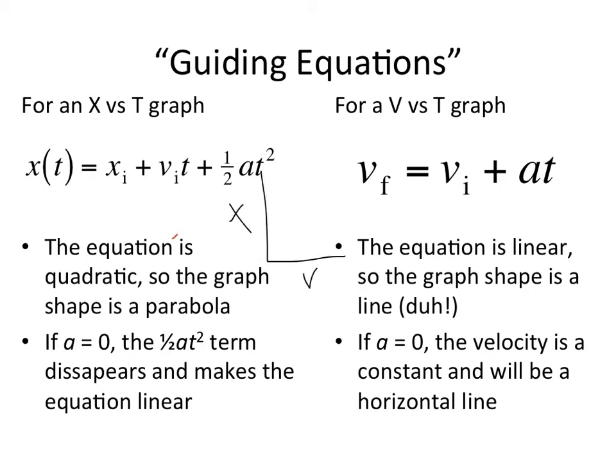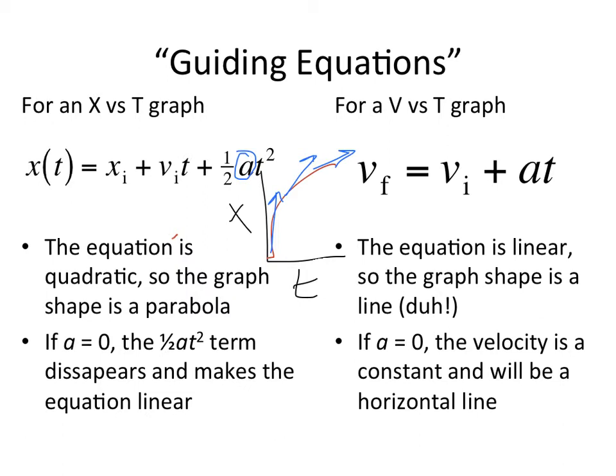Position versus time right here. You can't have a parabola without something being squared, right? So if we had a graph like that, then that would mean that there would have to be some sort of acceleration because the velocity, that is that slope right there, is changing. A change in velocity is the definition of acceleration.